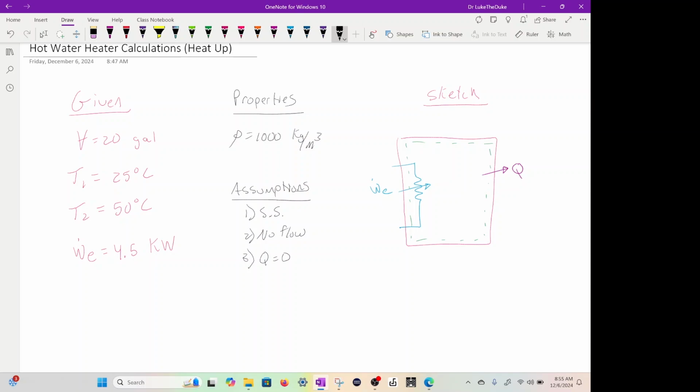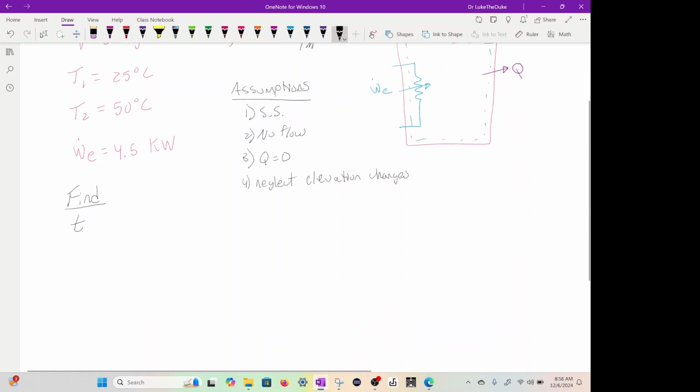And we're going to neglect any elevation changes. So don't worry about any of that. This hot water heater system is not moving in space. So the system only has temperature changes within. Okay, so we're going to find t, the time it takes to heat up.